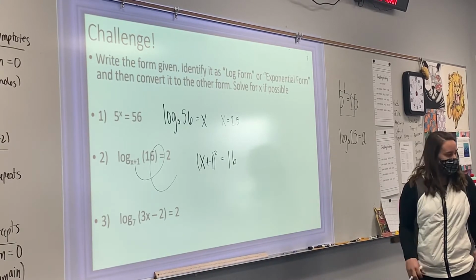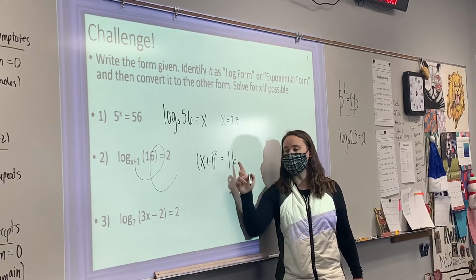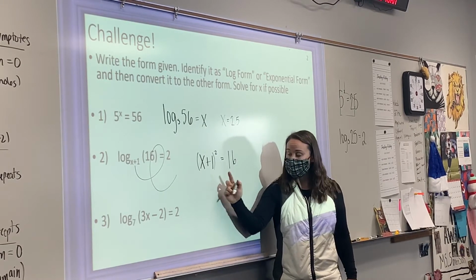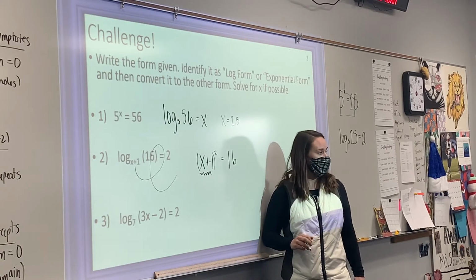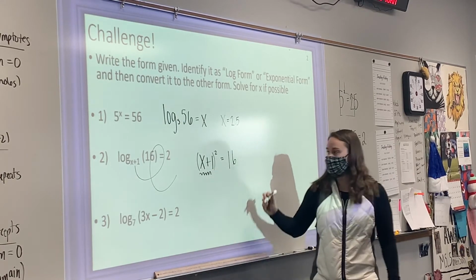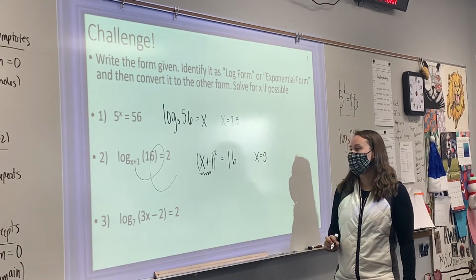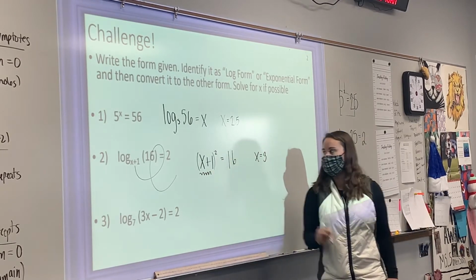So all I've done is rewrite it. Well, what number squared gives me 16? 4. 4 times 4 is 16. So this whole thing right here has to be 4. So what does x equal? X equals 3. Because that would be 3 plus 1 is 4, and 4 squared is 16.